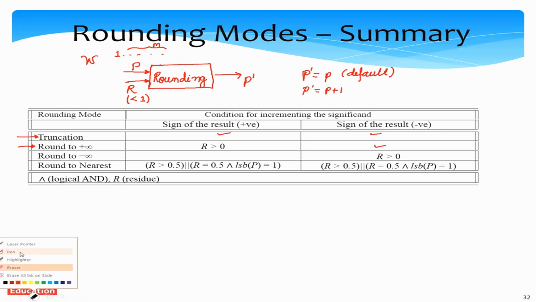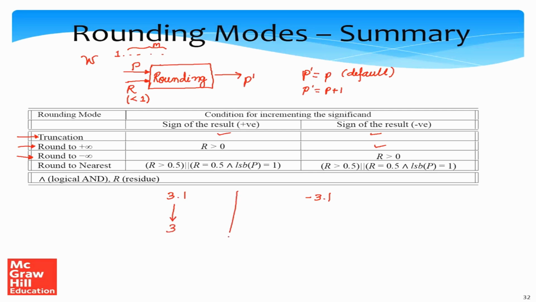Let's now talk about rounding to minus infinity, which means choosing the lower integer. So let's again take a look at 3.1 and minus 3.1. So in the case of 3.1, we need to round it to 3. So let me draw a number line.